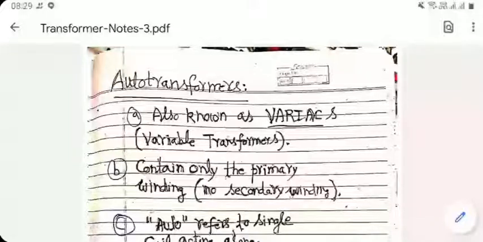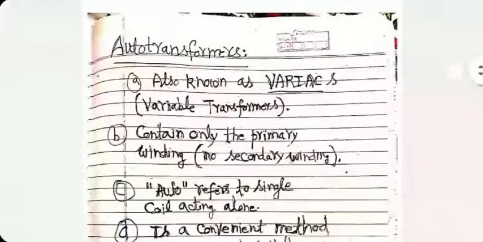And from the primary winding itself, we take voltage out based on, let's say, tapping the winding at a certain position depending on how much voltage we want out of it. It's a convenient method, practically speaking, to get a voltage.